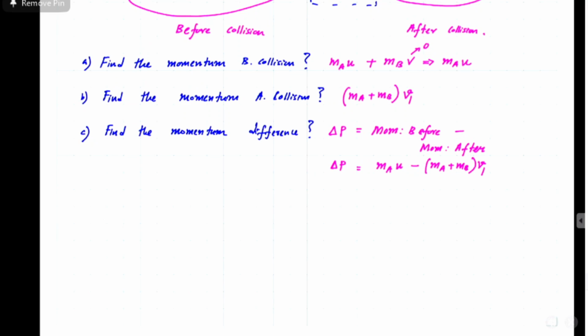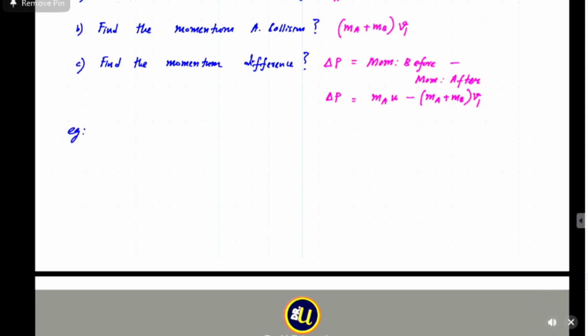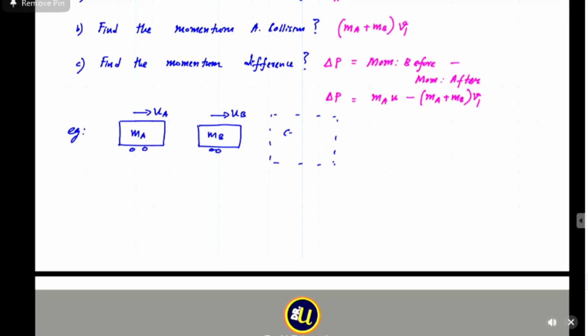Now what you have to do, another example here. Right, what you have to do is do the same thing for this situation. Now this is MA, this is uA, then you have another car here, MB, and this is uB, and then collision is happening here.